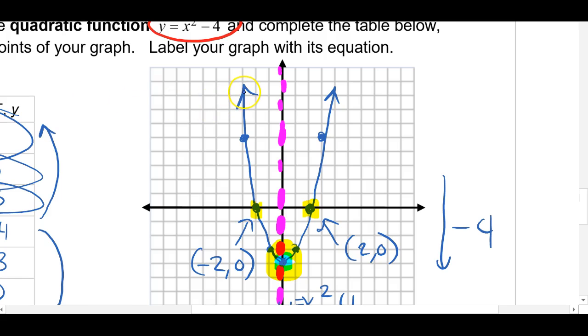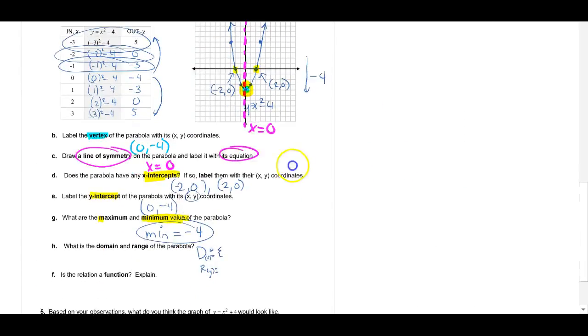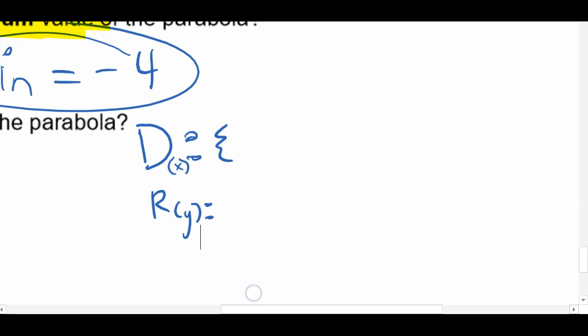Yes, it does. And does it go forever and ever to the right? As this arrow goes up, it goes forever and ever up to the right. So if it goes forever both ways, then the domain is all real numbers.